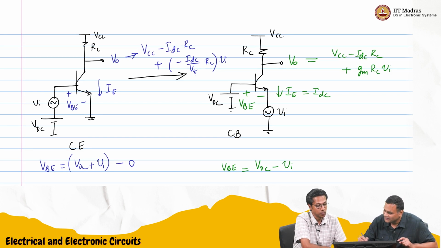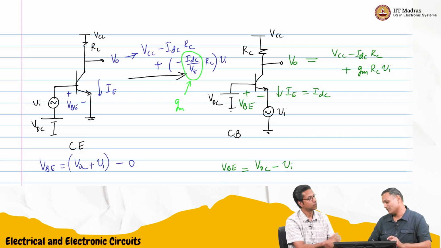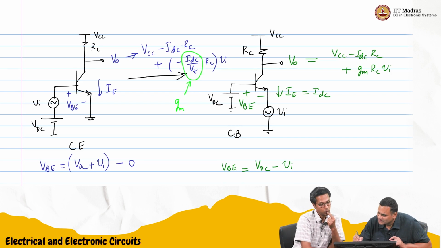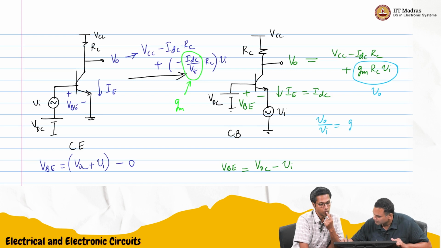So it's not inverting. Earlier this was GM. I'll get the same GM except I'll get plus GMRC times VI. So in fact, this will be your small VO, which is the signal that we are interested in. So it is a non-inverting amplifier.